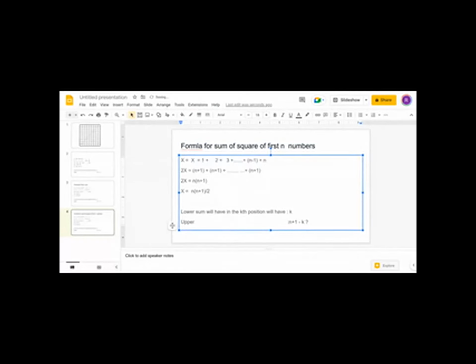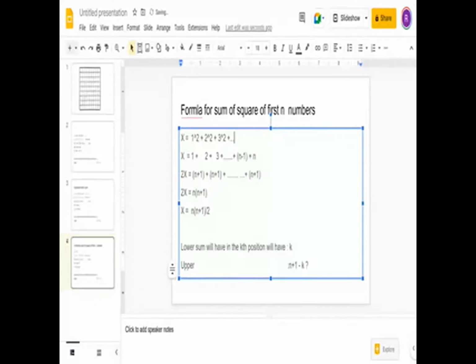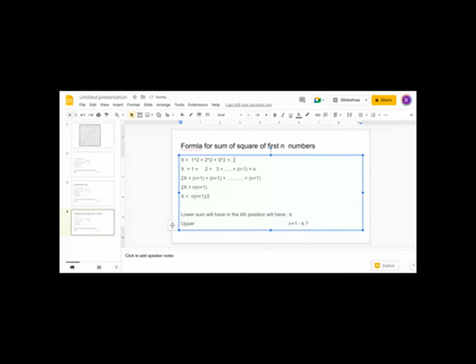We want to do 1 squared, and since I'm typing it in text, I'll put caret to mean squared, plus 2 squared plus 3 squared, till 100 squared. So this is what I want to find, right?